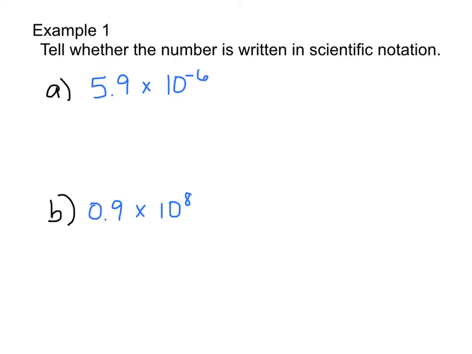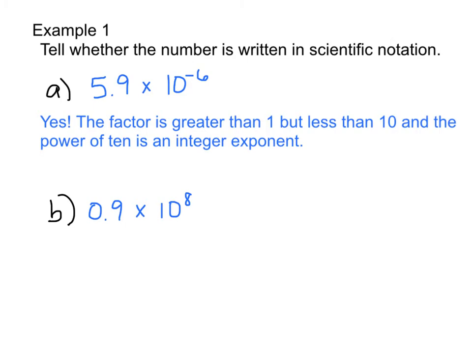Is this written in scientific notation? The answer is yes. It is, because the factor, which in this case is 5.9, is greater than 1 and less than 10, and the power of 10 is an integer exponent. So let's look at b. Would b be written in scientific notation? 0.9 times 10 to the 8th power.